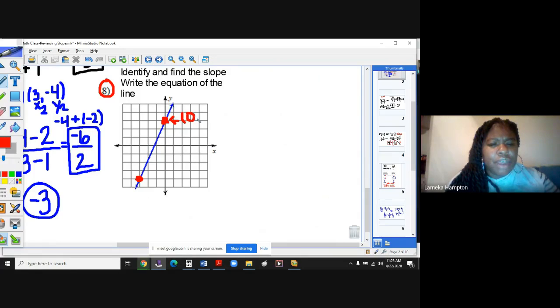However, from 0, I'm going to go up 1, 2, 3. So my coordinates for that one is 0, 3. Does everyone see how I came up with 0, 3 as my coordinate?